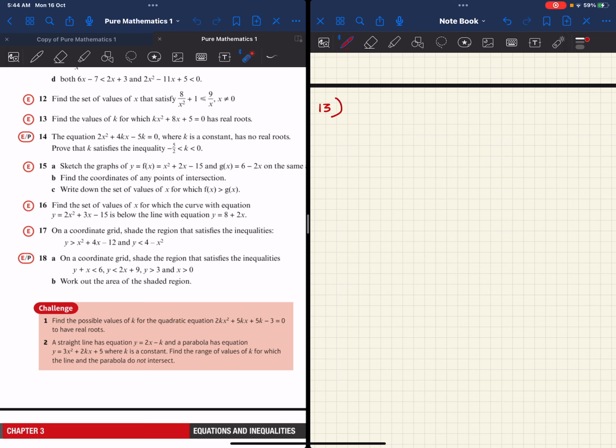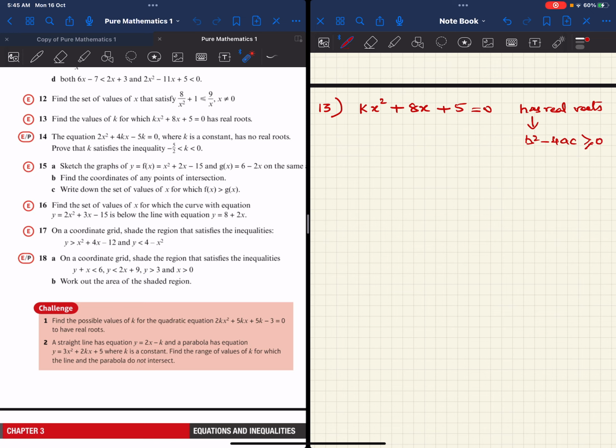Find the values of k for which kx squared plus 8x plus 5 is equal to 0 has real roots. So we have kx squared plus 8x plus 5 is equal to 0 has real roots. Now when we say it has real roots, it means its discriminant, which is b squared minus 4ac, is greater than or equal to 0.